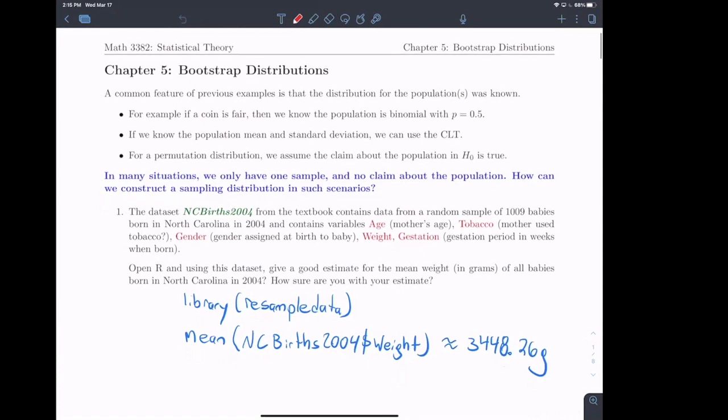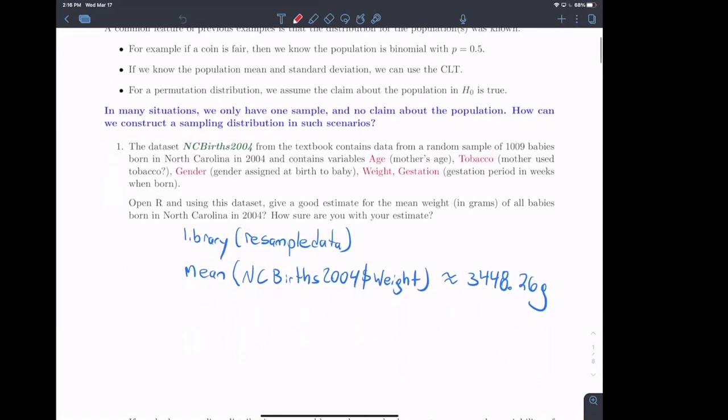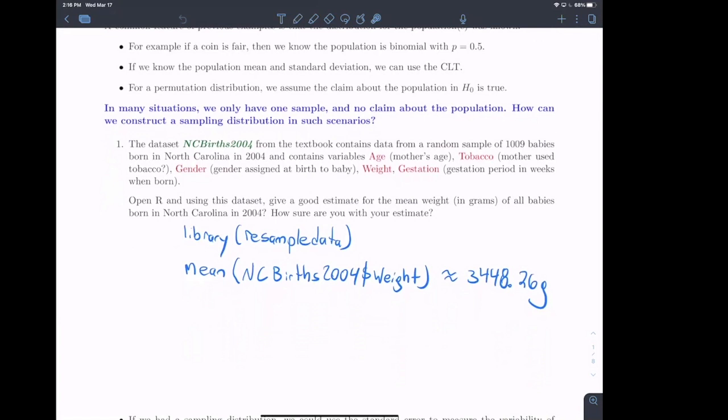And so that's where we would use confidence intervals to come up with intervals of plausible values for the unknown population parameter. So the example that you guys read about dealt with this data set for North Carolina births in 2004.